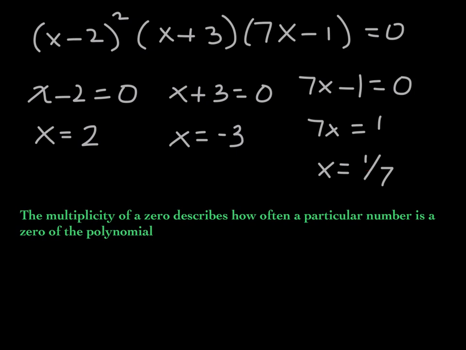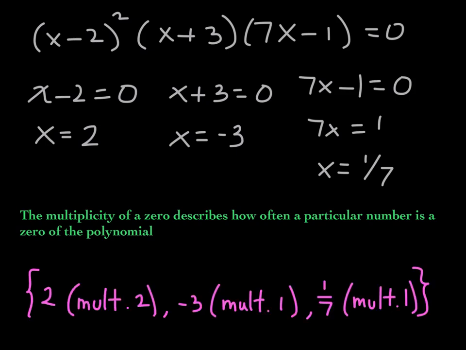It is common practice for us to list the zeros of a polynomial function as well as their multiplicity. So what we'll do is we'll say 2 is a zero of multiplicity 2, and then negative 3 and 1/7 are both multiplicity 1.